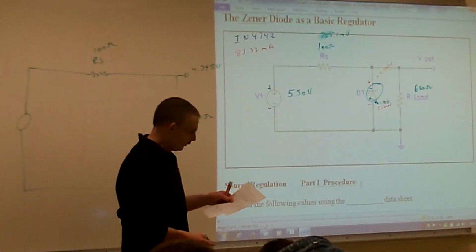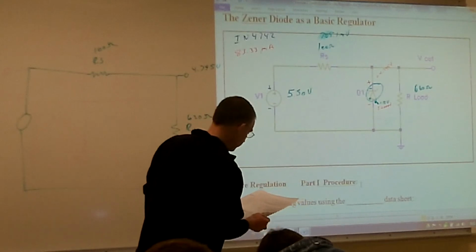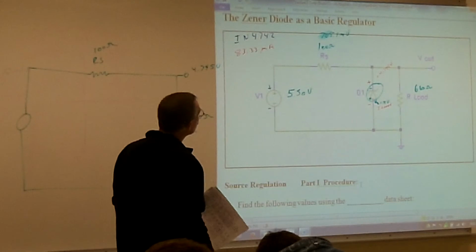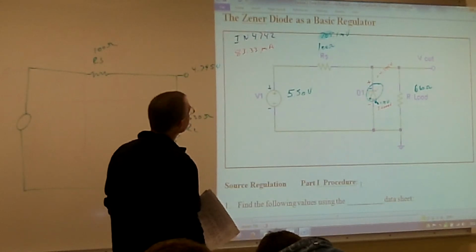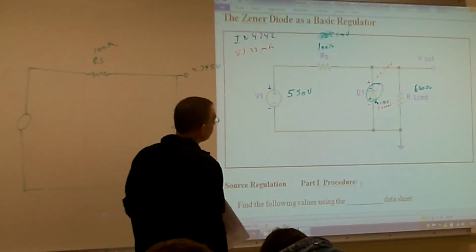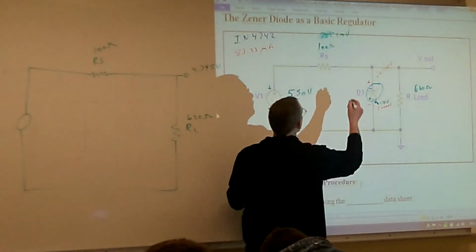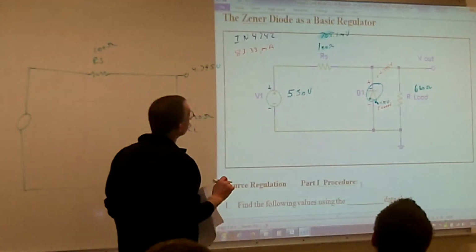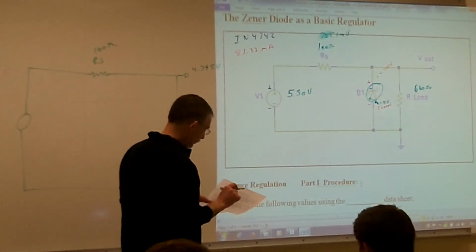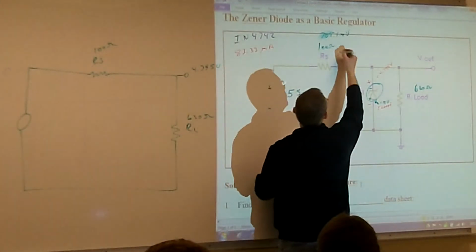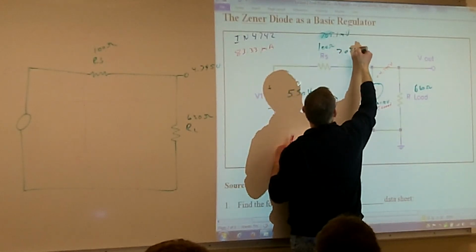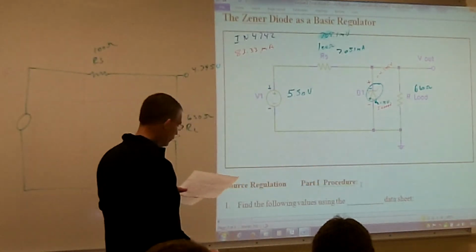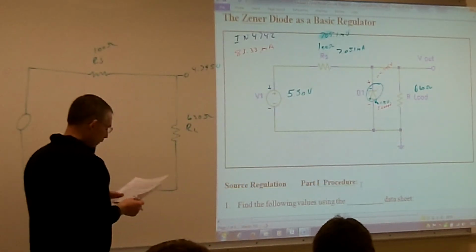So then what's my current going through my RS? 7.051 milliamps.